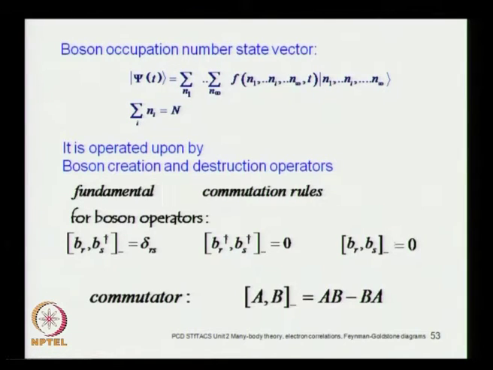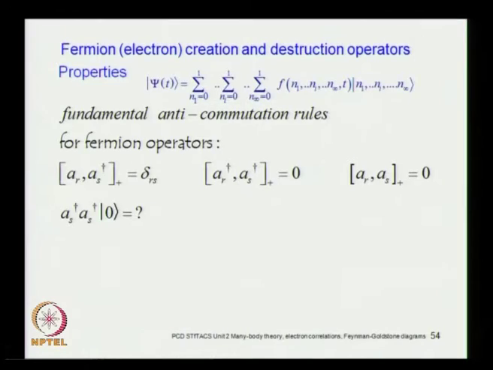So, how the creation and destruction operators operate in succession is where the statistics is contained. All the statistical information is now contained in these creation and destruction operators, which is why they are different for Fermi particles and for Bose particles.